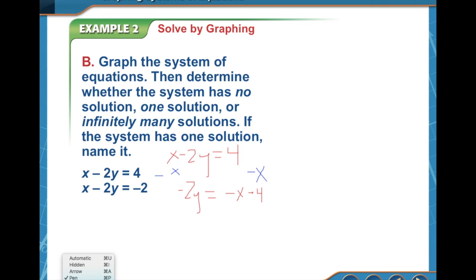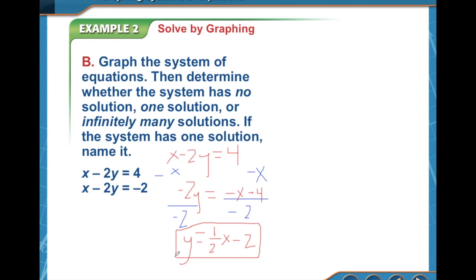And now I must divide away the negative 2 everywhere. So if I write this in slope-intercept form, it will be y equals 1/2 x, or x over 2, minus 2.